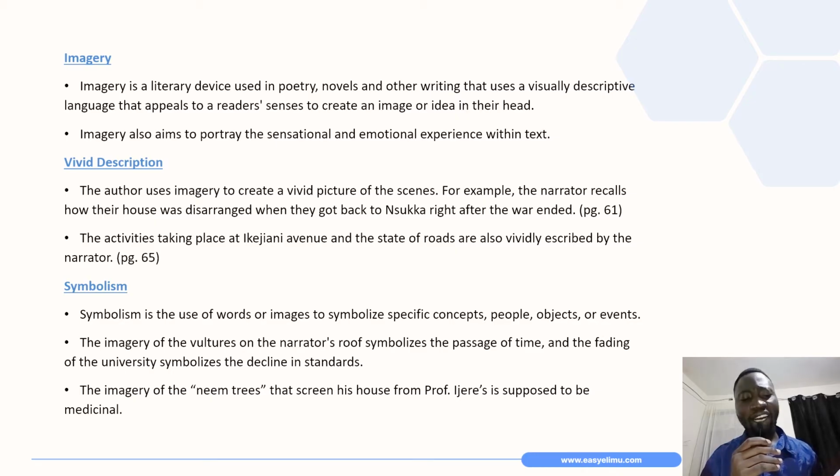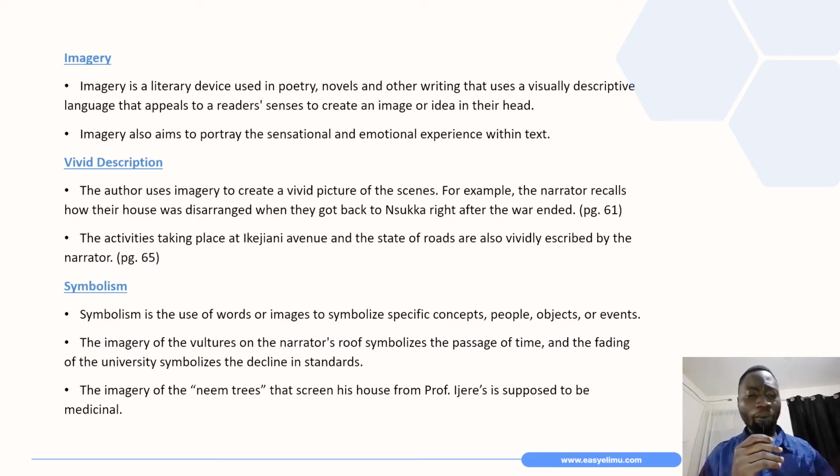The lumps of calcified feces in the bathtub were also strewn with the pages of his mathematical annals used as toilet paper, crusted smears blurring the formulas he had studied and taught. The description of the scene when they came back after the war creates an image or a picture of the scene described.